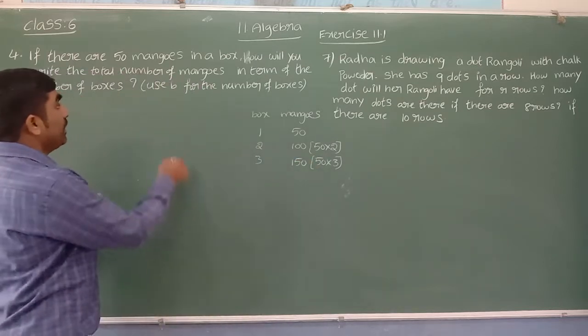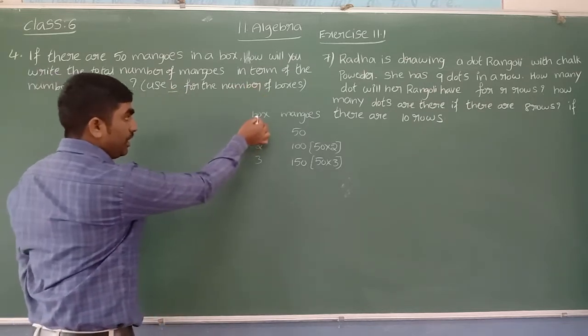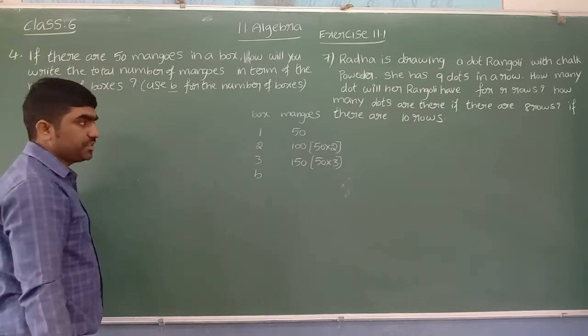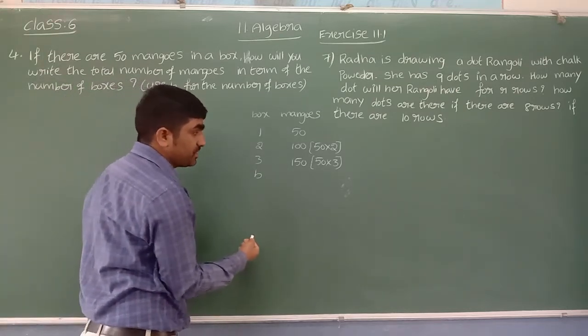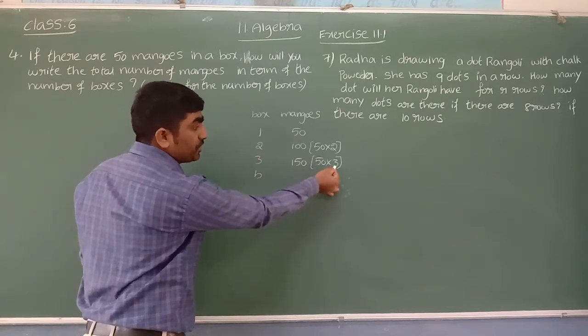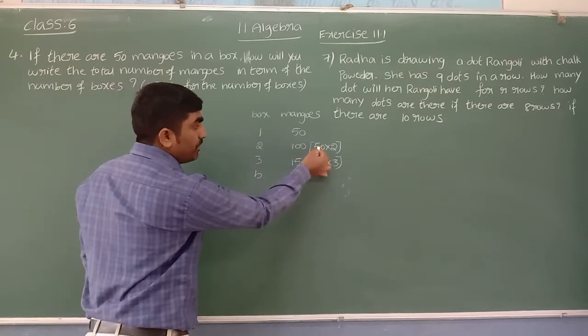But here they said use B for the number of boxes. It means if the number of boxes is B, can you tell me how many mangoes there are in B boxes? If I have 3 boxes, 50 into 3, we have 150 mangoes. If I have 2 boxes, 50 into 2.